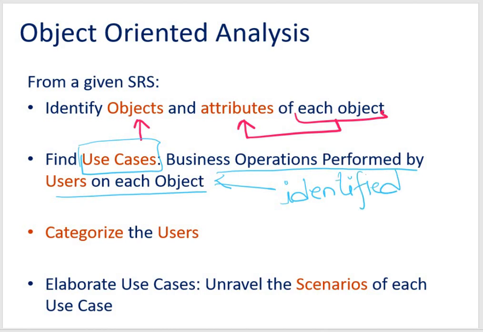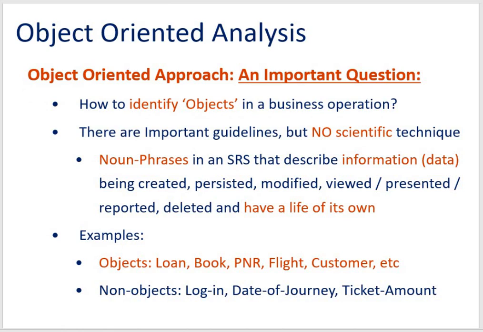So the business operations performed by users on each object will be identified. Afterwards, categorize the users, and then finally elaborate the use case. That means unravel the scenarios of each use case. So the things will be much clearer with the help of an example which I am going to take in the next few slides.